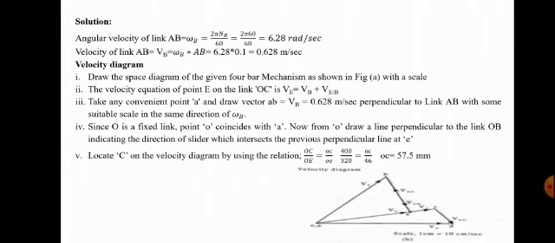The velocity equation of the point E can be given by VE is equal to VB plus VEB.